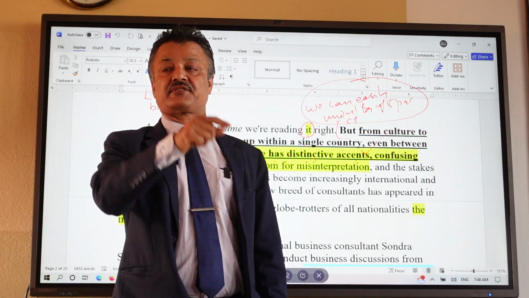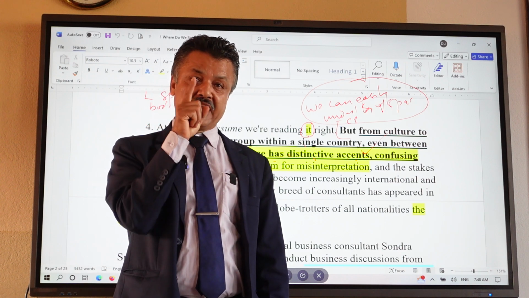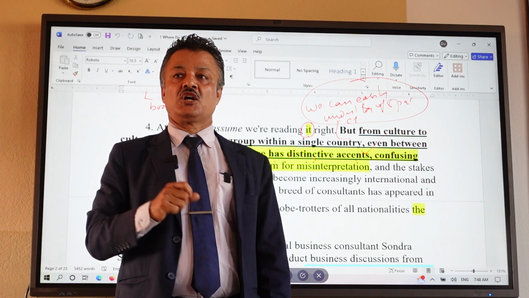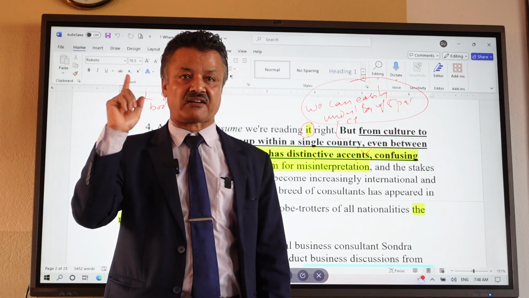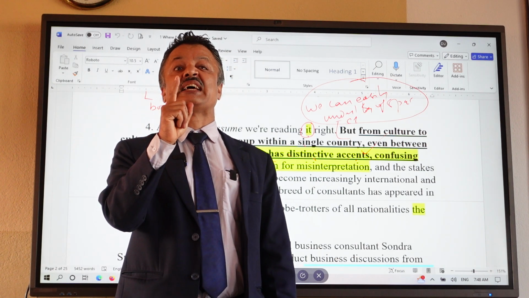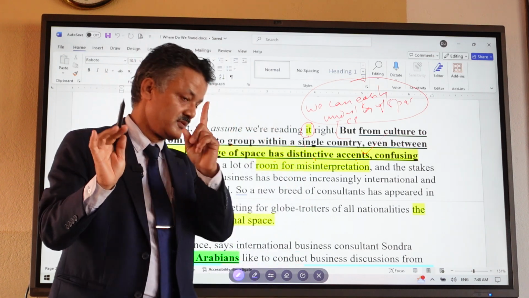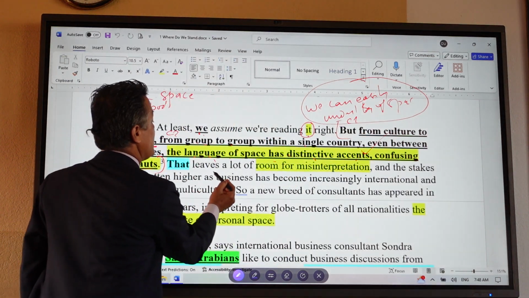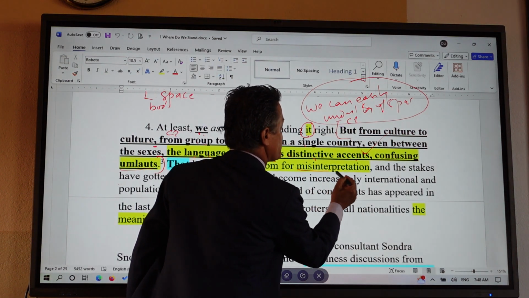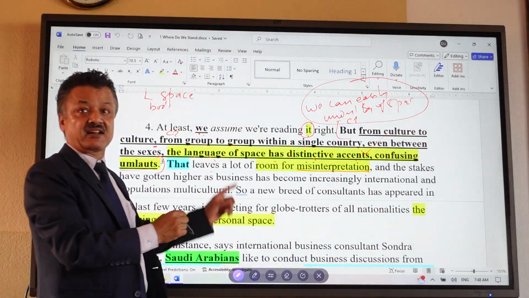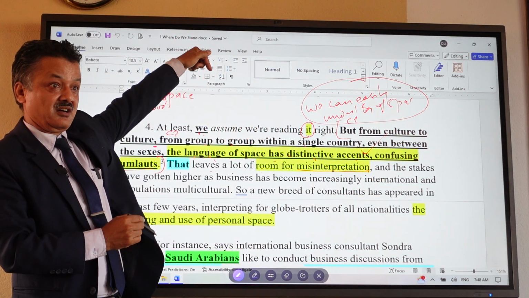Not only that, men use space differently. Women use space differently. And it has consequences. Now what is that? It leaves a lot of room for misinterpretation. It brings misinterpretation.